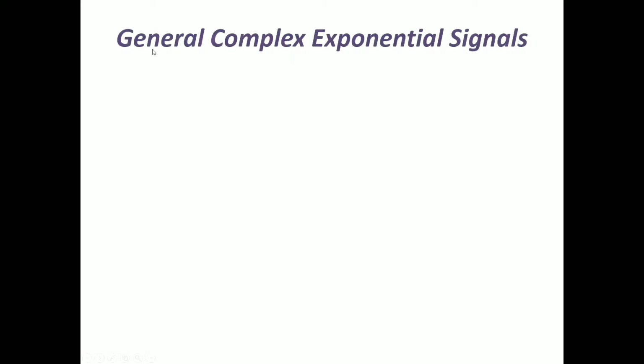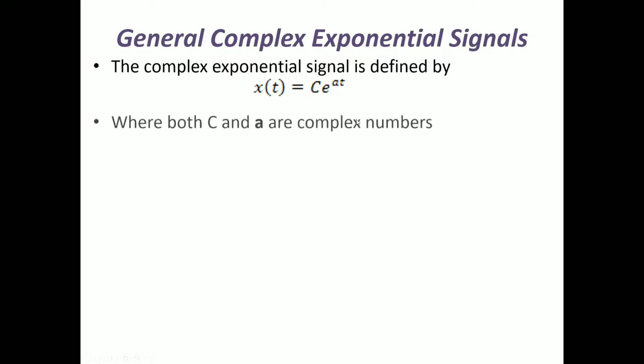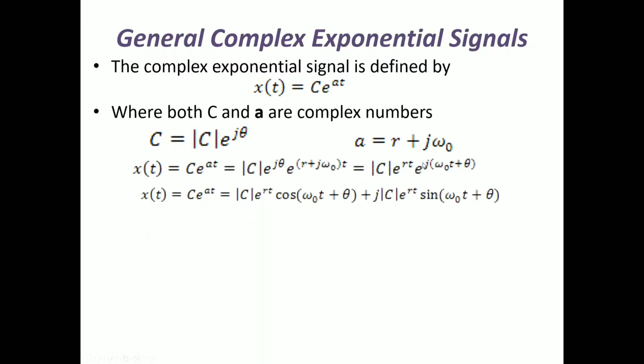Another one is the general complex exponential signal. It can be defined in a similar way, but the values of c and a are not real; c and a are complex in nature. So c equal to modulus of c into e power j theta, a equal to r plus j omega naught, where r is the real part and j omega naught is the imaginary part.